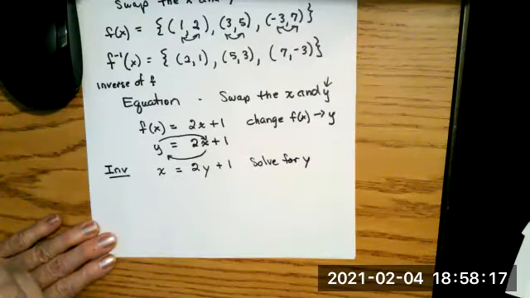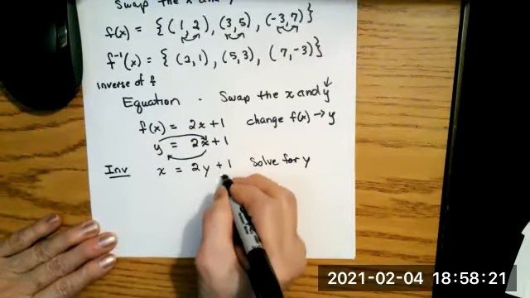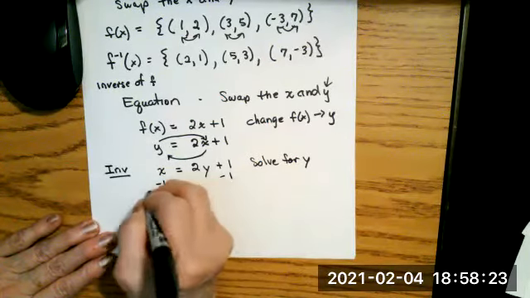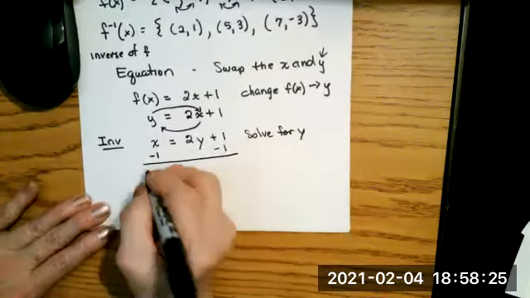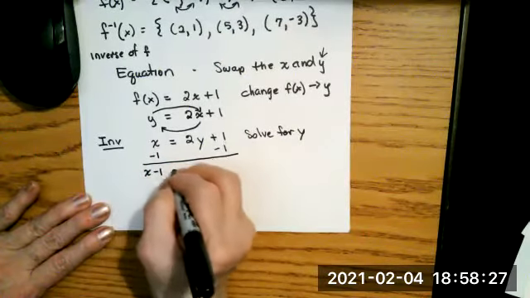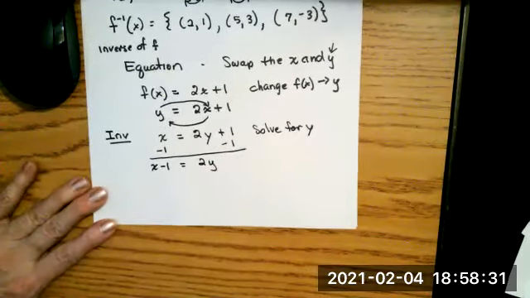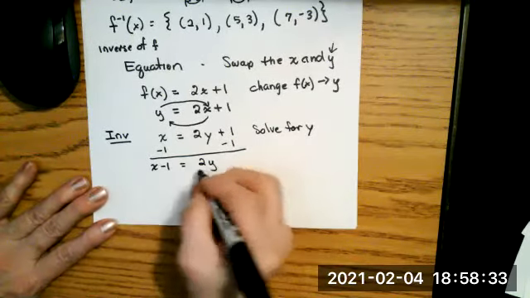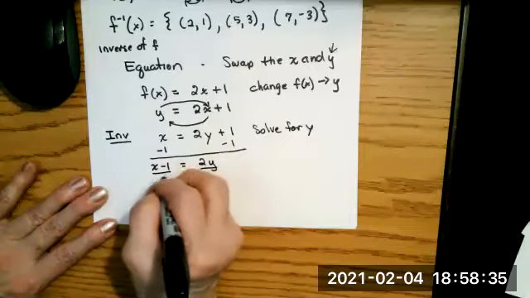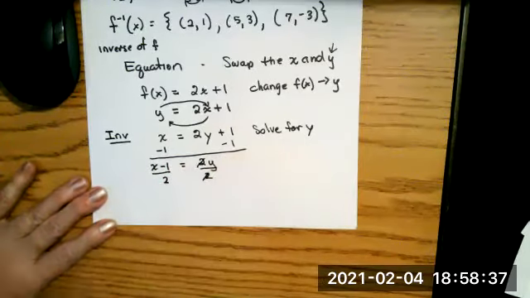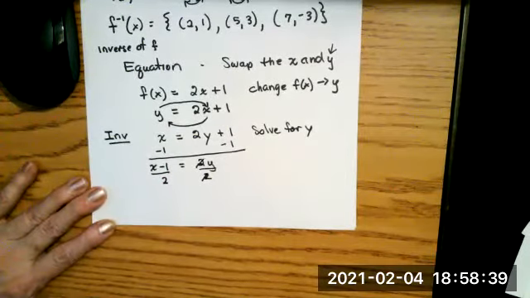But when you're doing inverses, it's much better to leave it right there. So I'm going to subtract my 1 from both sides. So now I have x minus 1 on this side and 2y on the right side. I'm going to divide both sides by 2. So now I have y equals x minus 1 over 2.